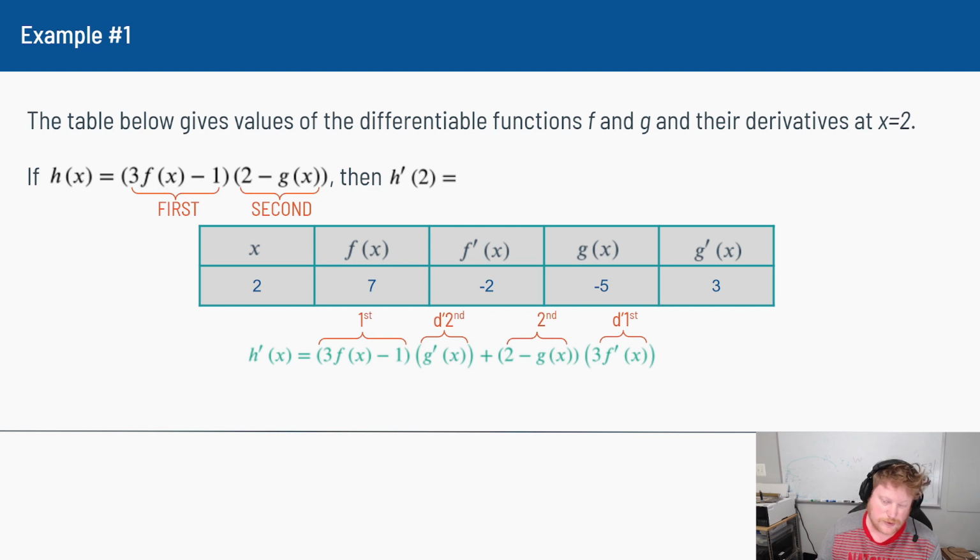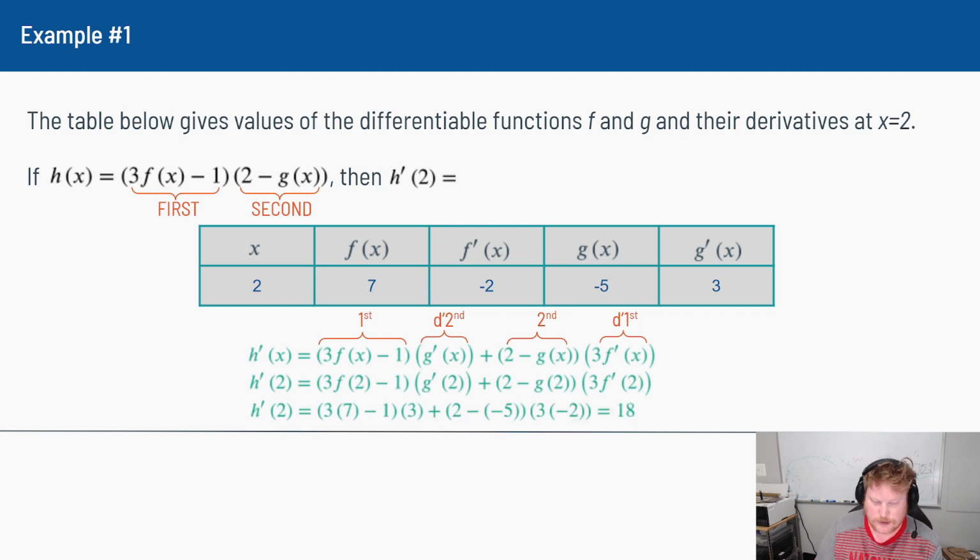And here we have two other rules coming into play: the derivative of a constant being 0, and the fact that a constant times a function is just the constant times the derivative of the function. Okay, and then all we're doing is plugging in 2, writing out the values associated with those, and we ultimately get 18 as our answer.